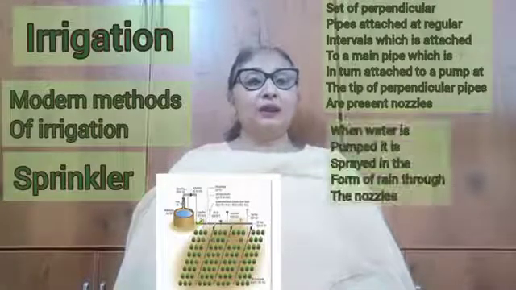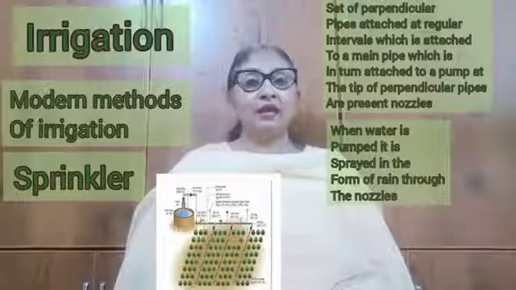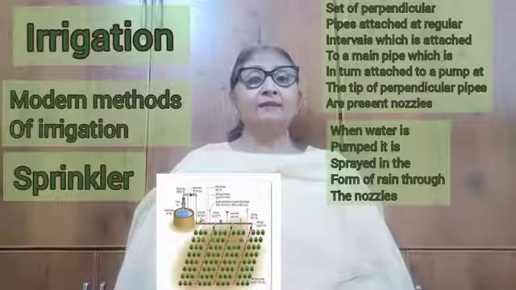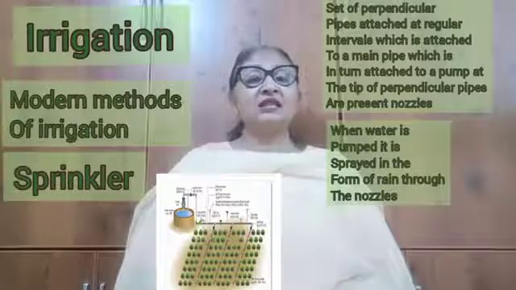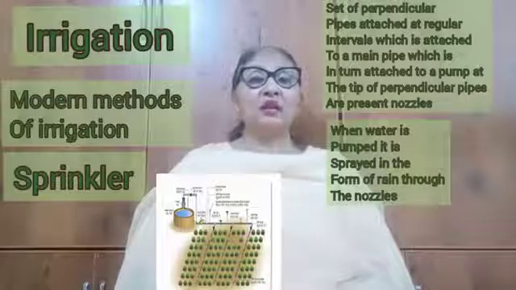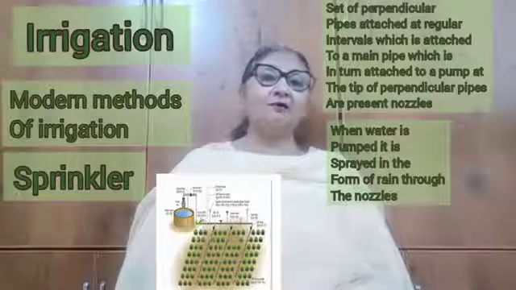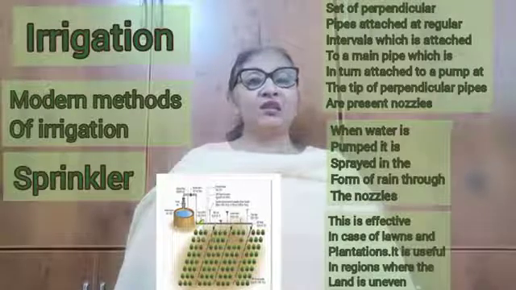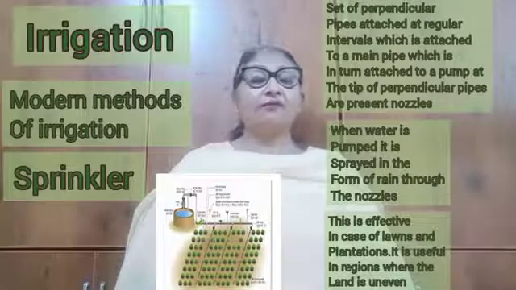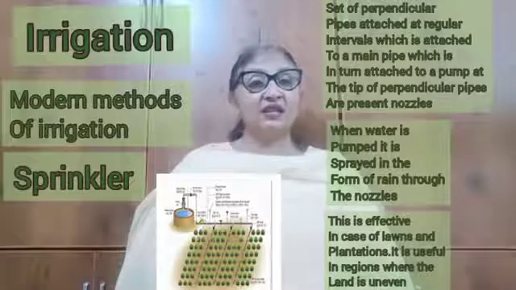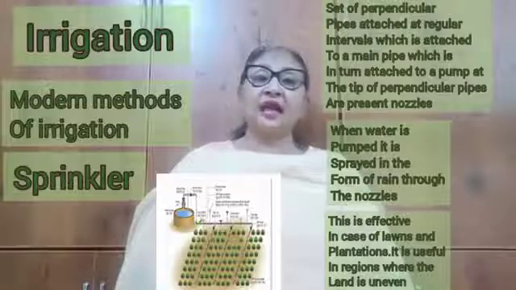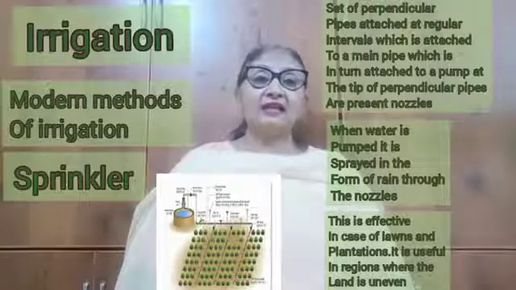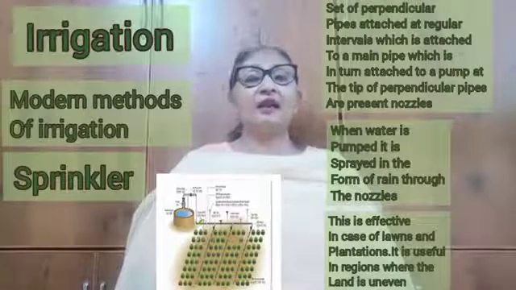When water is pumped through the main pipe, it flows into the perpendicular pipe and water is sprinkled through the rotating nozzles in the form of rain. This is very efficient in case of lawns, plantations, etc. And this type of system is very useful in regions where the land is uneven.